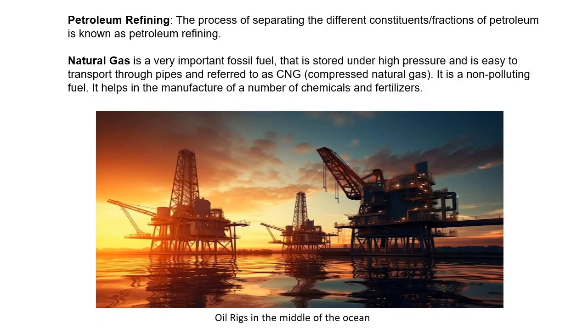The gaseous mixture of lower hydrocarbons which occurs deep inside the earth, either alone or covering the crude oil in an oil field, is called natural gas. Natural gas mainly consists of methane. Natural gas is an ideal fuel. It burns with a blue smokeless flame.